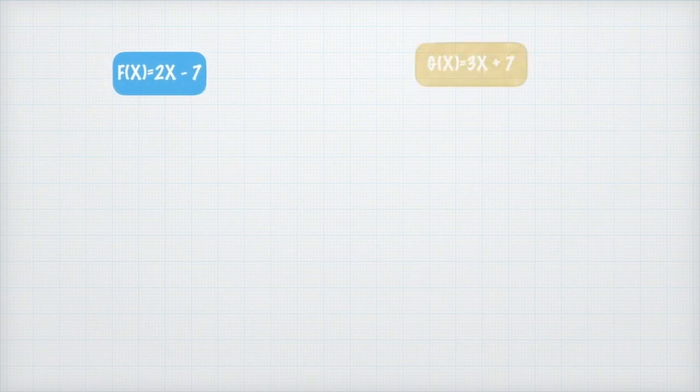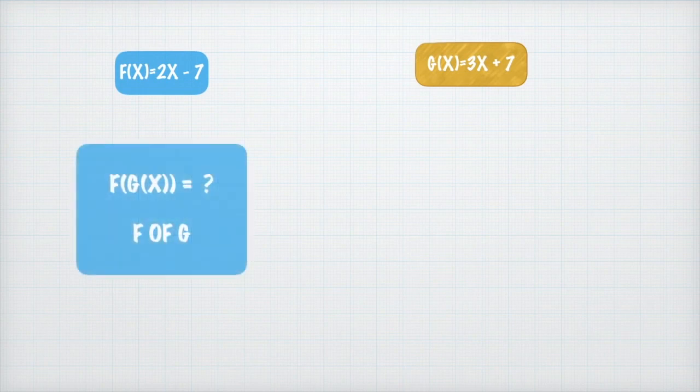So this part of functions was fairly easy, right? So now, just to get you started for the next video, let's ask you a couple of questions. If I tell you that f(x) is 2x minus 7, and I tell you that g of x is 3x minus 7, what would be f of g of x, right? Don't get very scared.